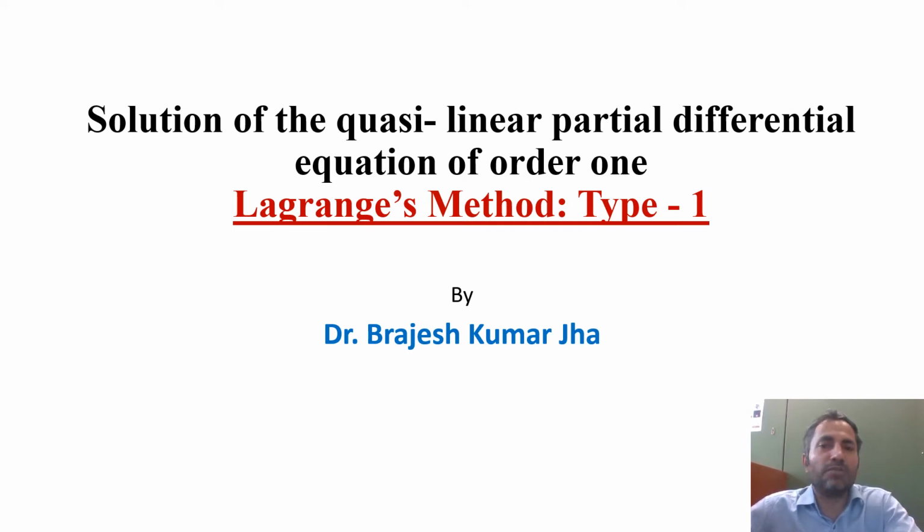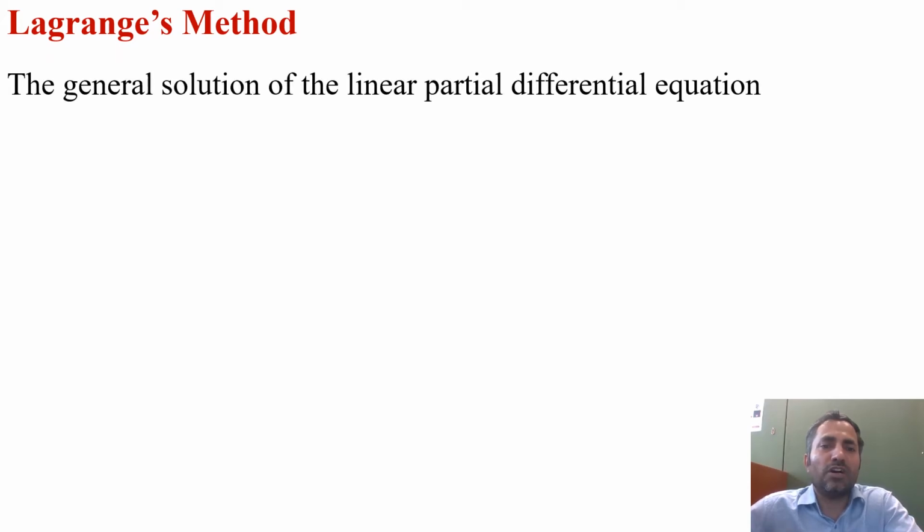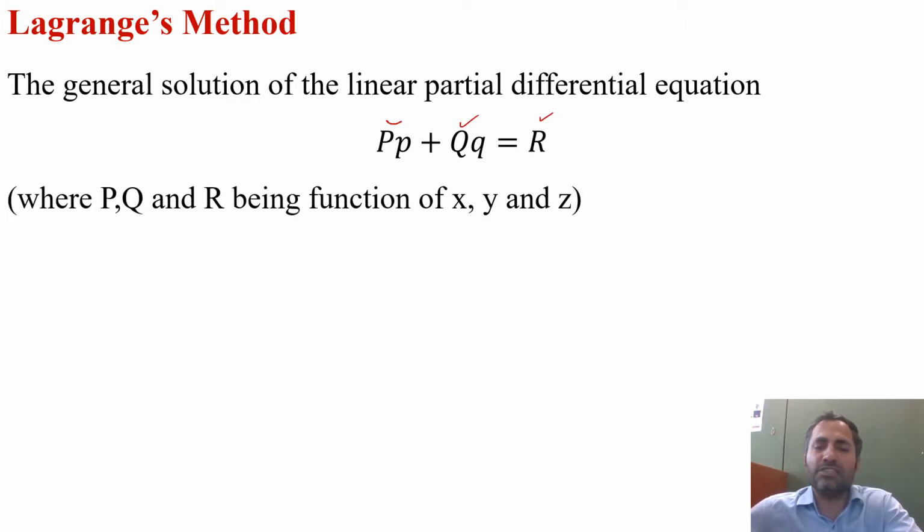So let's talk about the Lagrange's method. First we see what is Lagrange method and how we apply it. Once we talk about the general solution of such a quasi-linear partial differential equation, it is represented in the form Pp + Qq = R, where capital P, capital Q and capital R are functions of x, y and z.